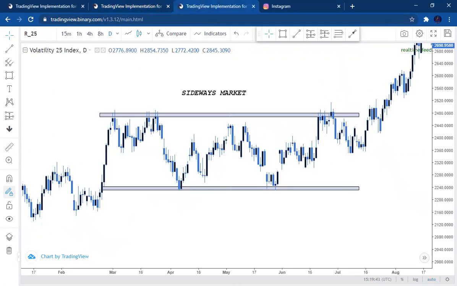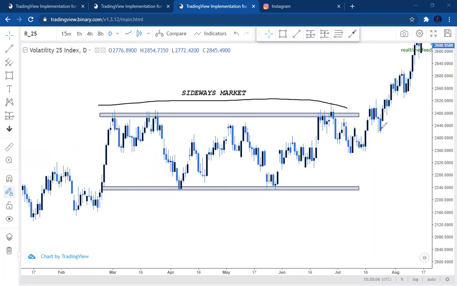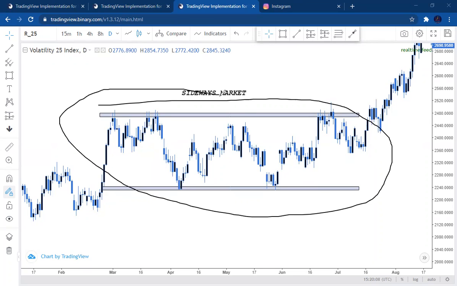This is the sideways market, no direction, just moving in a sideways pattern. It hits your resistance, it can come to our support, just moving in a sideways direction. You get it. It's not advisable to trade this market.